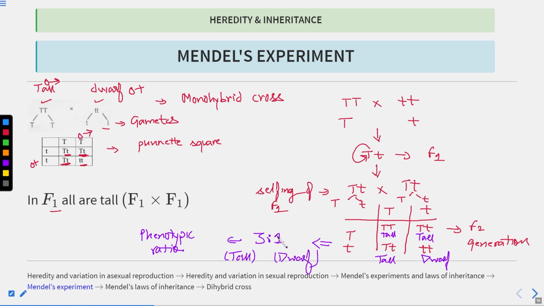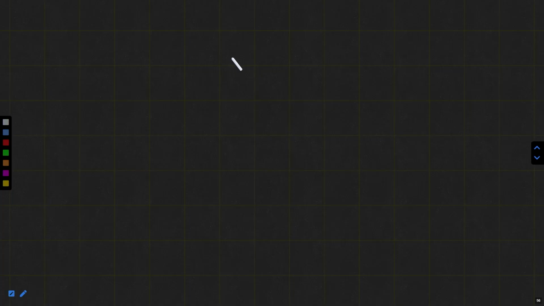Now, this was the phenotypic ratio. There is one more ratio, the genotypic ratio. So what will be the genotypic ratio here? Again, let's understand by this. So we had capital T capital T cross with small t small t. Here capital T small t, this is the F1 or the hybrid. Then the selfing is done, capital T small t will be crossed with capital T small t.